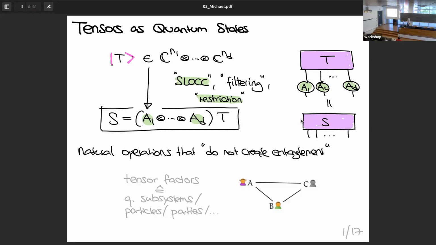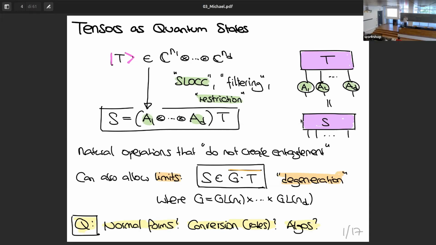Okay. Now, we also saw this morning and in other talks that it's often interesting to study not only these degenerations, where you hammer a fixed set of matrices, but to allow yourself to take limits. Okay. If you allow yourself to take limits, then you can just as well keep these operations to invertible matrices, because in the limit you can anyways make them non-invertible.